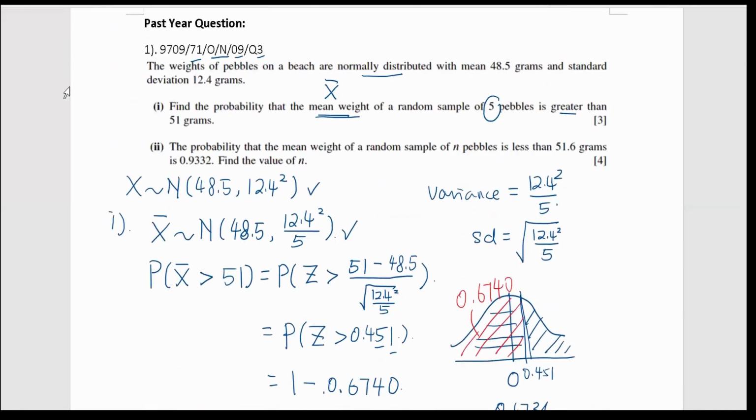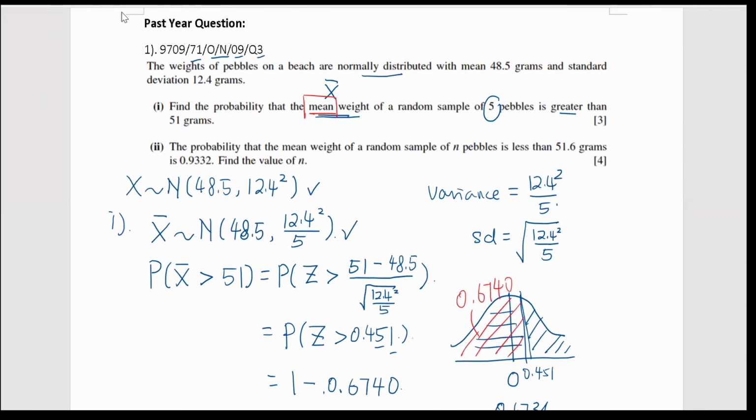So how do we know we have to use the sample mean distributions? Right? Look at the keyword. When the question asks for the mean, so for this example, it is the mean weight. It can be the mean height or the sample mean. Find the probability of the sample mean.